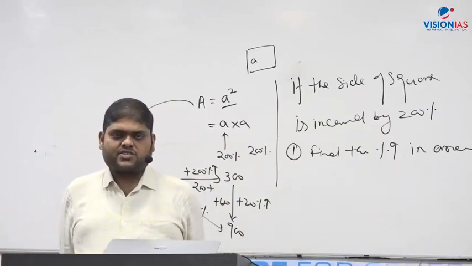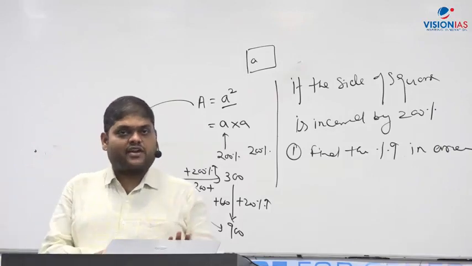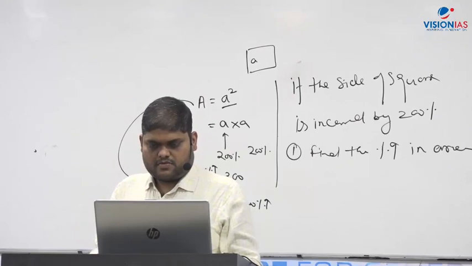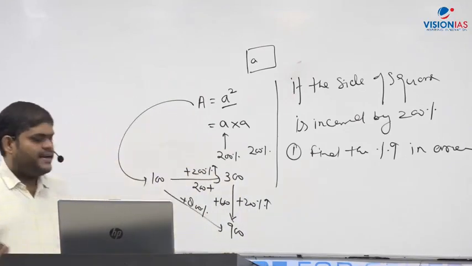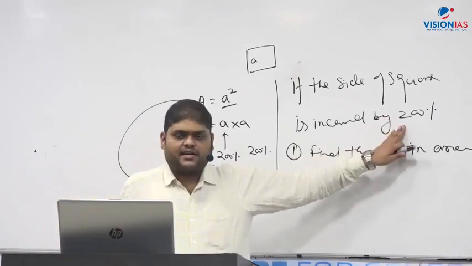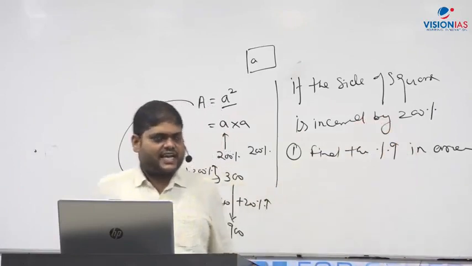And once you become master of percentage, minimum 10 questions. Now they can give anything. Instead of 200, they will give 300, they will give 400, anything they can give and you can answer.